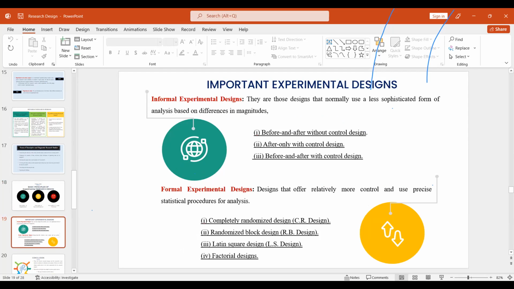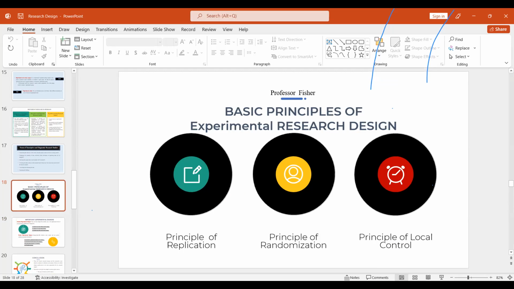According to the principle of replication, the experiment should be repeated more than once. The treatment is applied in many experimental units instead of one. By doing so, the statistical accuracy of the experiments is increased.